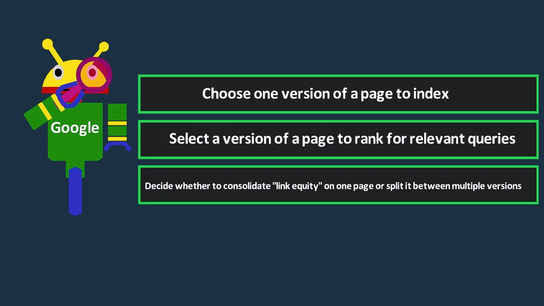Also, having too much duplicate content can affect your website's crawl budget. This means that Google may spend time crawling multiple versions of the same page instead of finding other important content on your website. Canonical tags provide a solution to these issues. They allow you to inform Google about the preferred version of a page that should be indexed, ranked, and where the link equity should be concentrated.